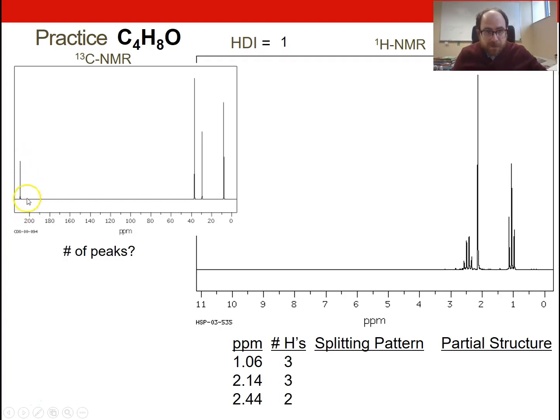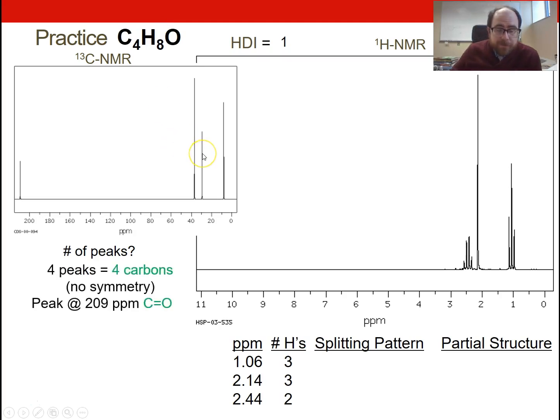So again, notice that we have a peak that's way downfield, so it has a large number. Again, that corresponds to a carbon-oxygen double bond, or the carbon that's attached to an oxygen as a double bond, so a carbonyl carbon. Also notice that there are 4 peaks, based on our molecular formula, so each of the carbons is in its own unique chemical environment, so essentially there is no symmetry within the molecule.